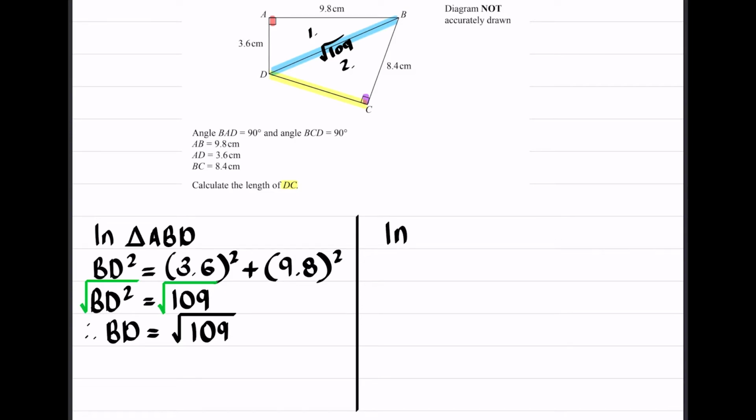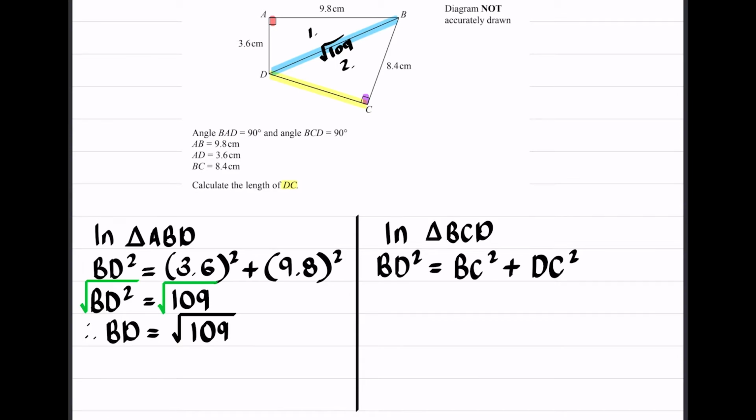So I'm working in my second triangle, triangle BCD. I know that the hypotenuse squared is equal to side 1 squared plus side 2 squared. So I'm just going to write out the formula. The hypotenuse, which is BD squared, will equal side 1, which is BC squared, plus side 2, which is DC squared.